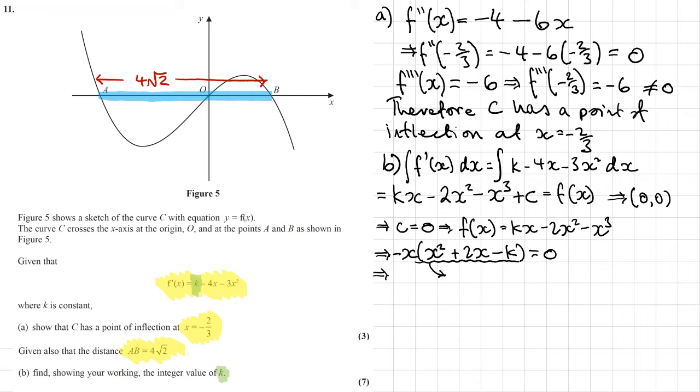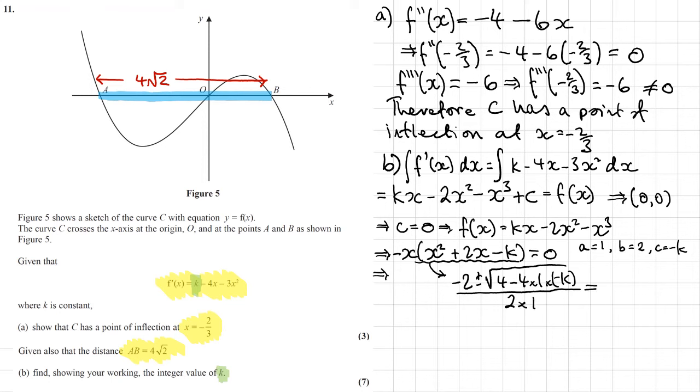So we'll have a equal to 1, b equal to 2, and c equal to negative k. So we've got minus b plus or minus the square root of b squared, so that's 4, minus 4 times a times c, that's negative k, all over 2a, so 2 times 1.